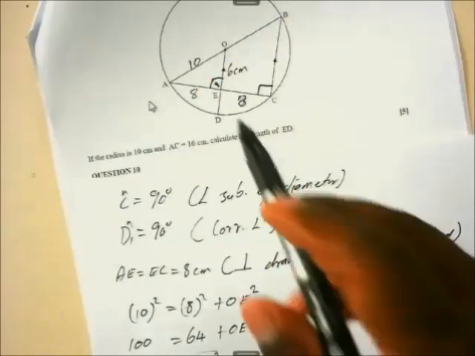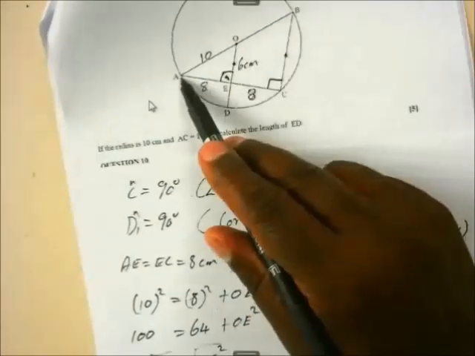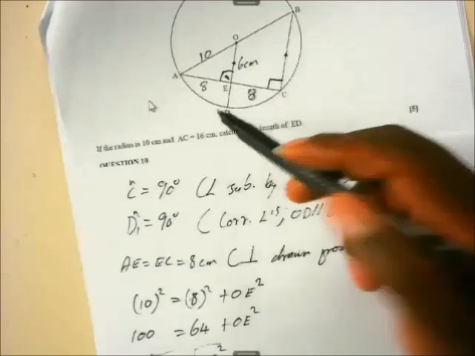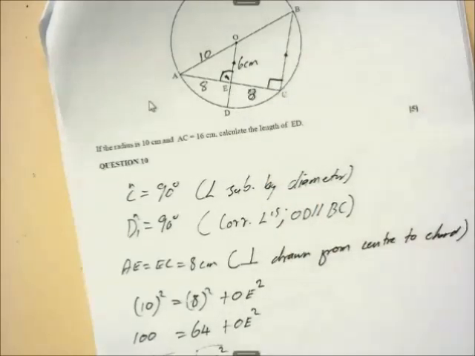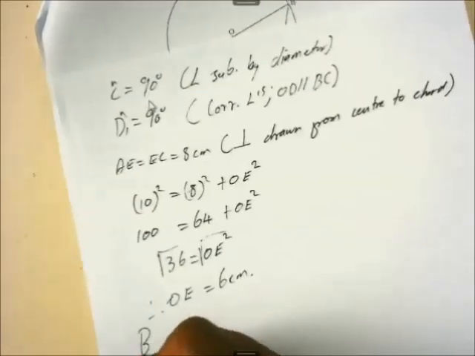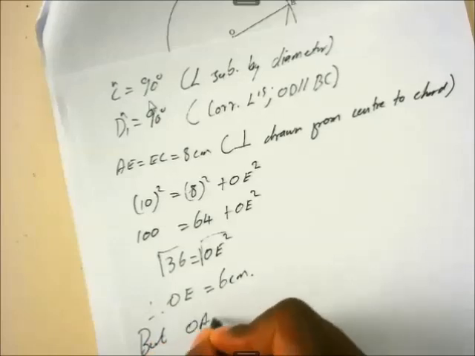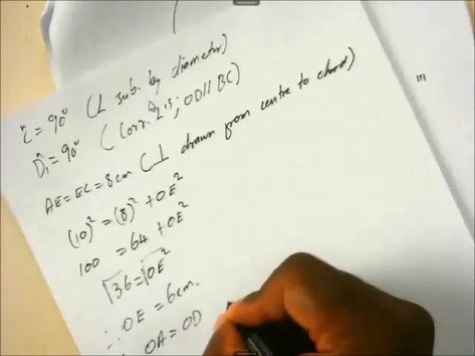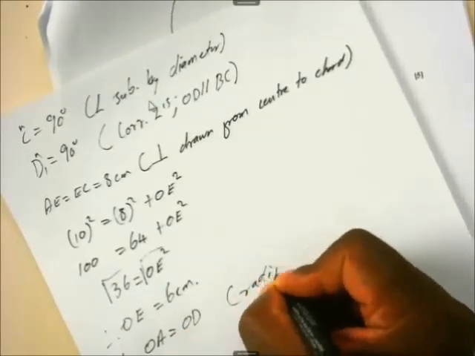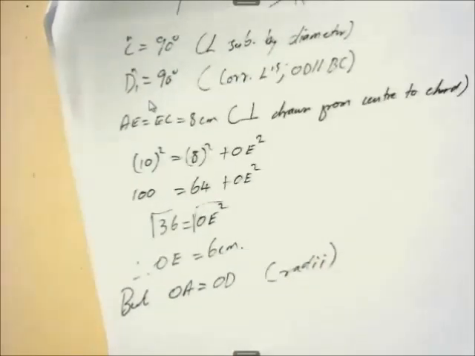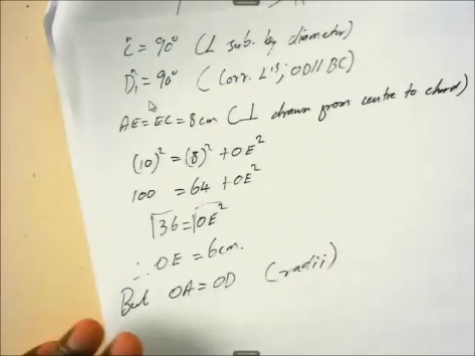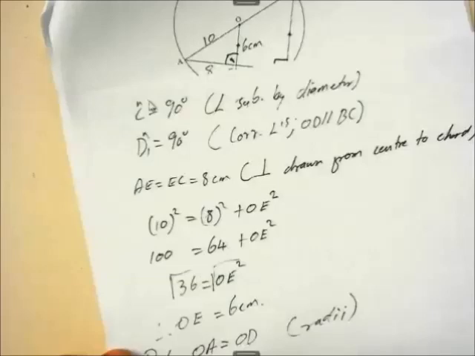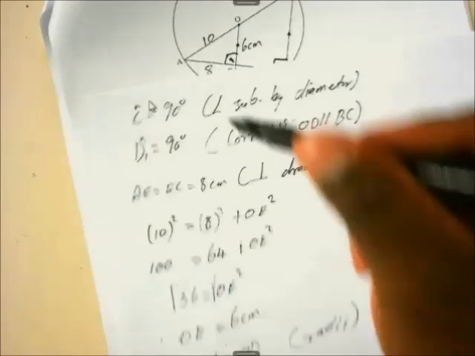But remember, OA is the radius. OD is the radius. Therefore, we say OA is equal to OD. Why do I say they are equal? Because those are the radii of the same circle. Now OA is 10. Check OD.